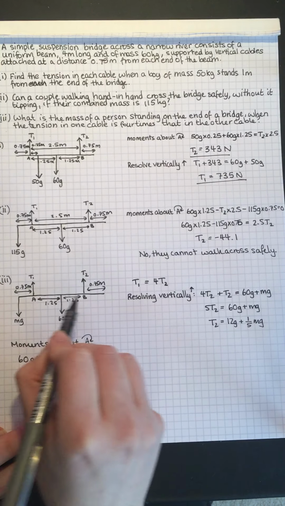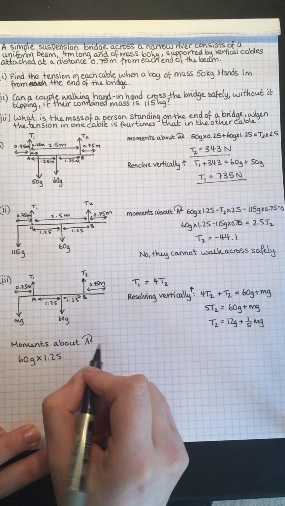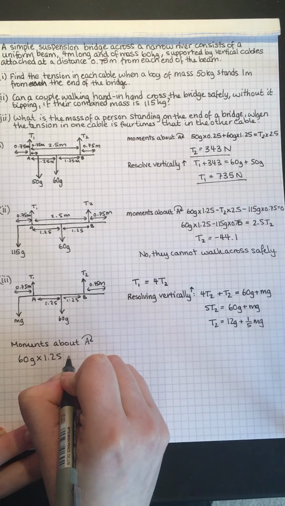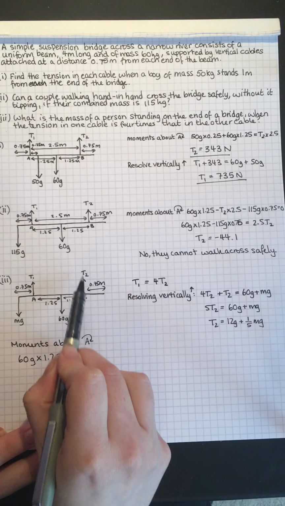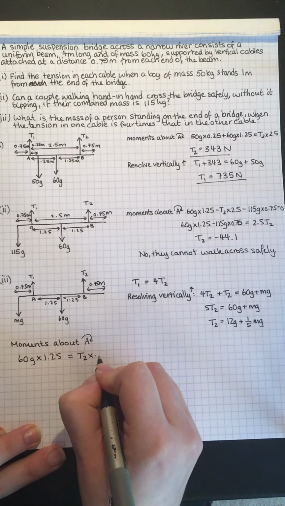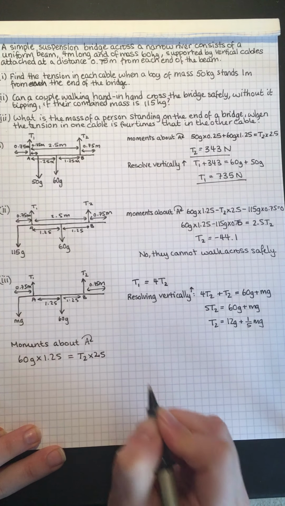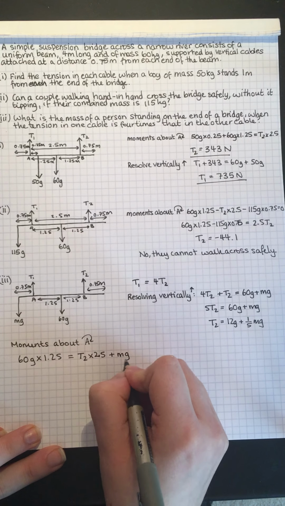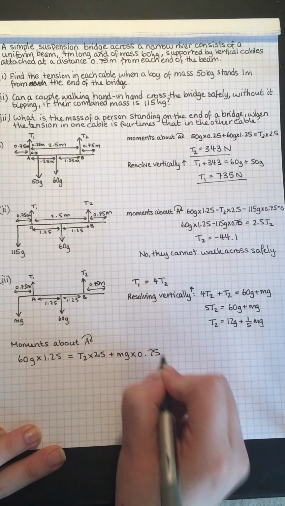That's the only clockwise one. That's going to be equal to the anti-clockwise moments. So we've got T2 times 2.5, and we've also got mg times 0.75.